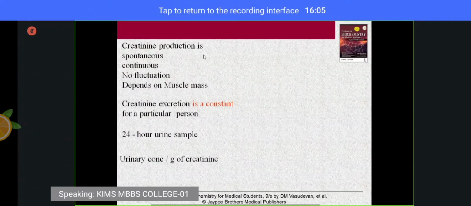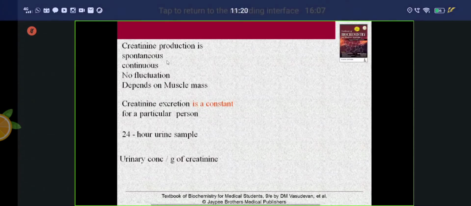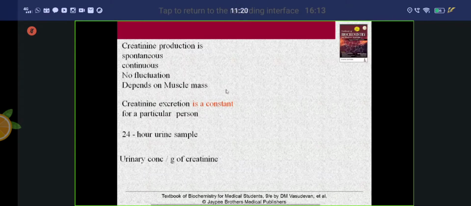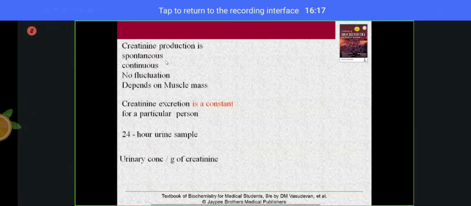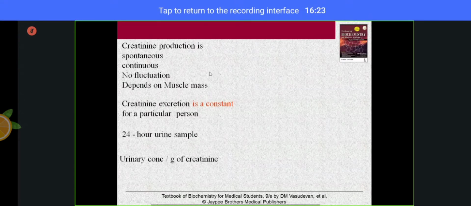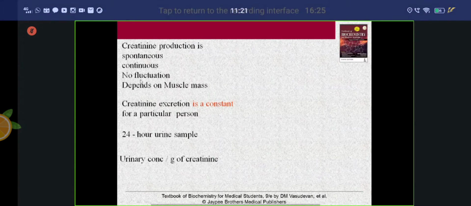Creatinine production occurs every day, spontaneously and continuously, with no fluctuation, depending on muscle mass. Take any patient: his creatinine values will be constant every day, around 0.7, 0.8, 0.9, or 0.7 again. It will be maintained.